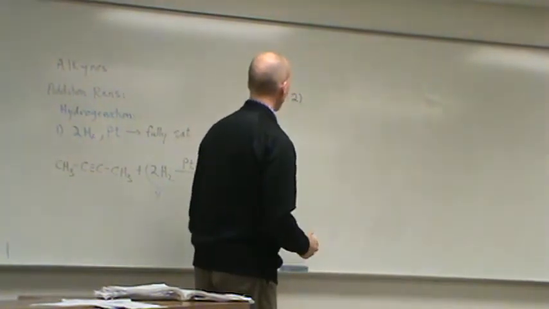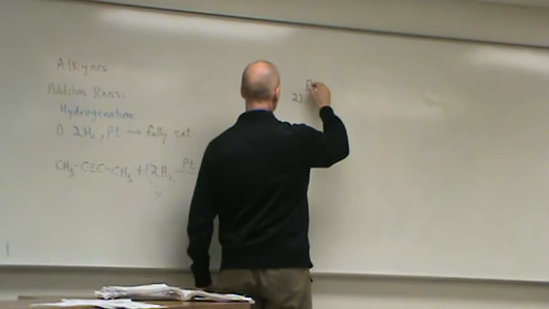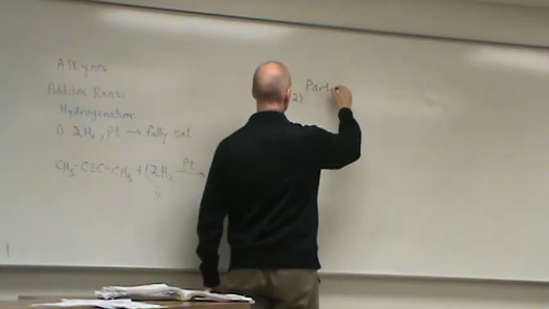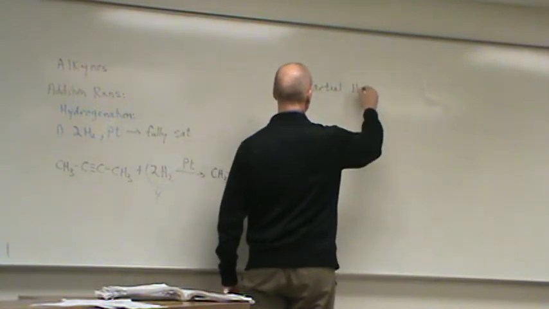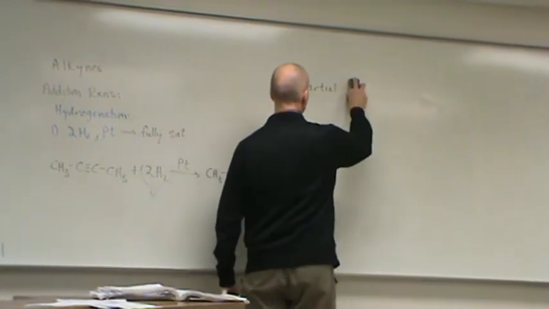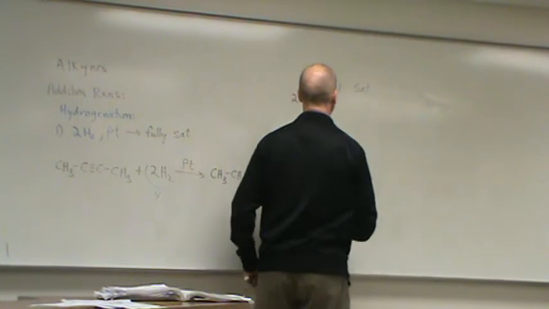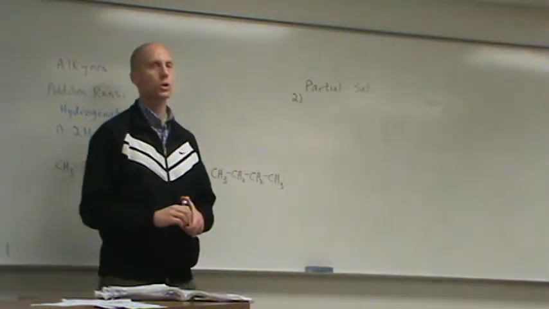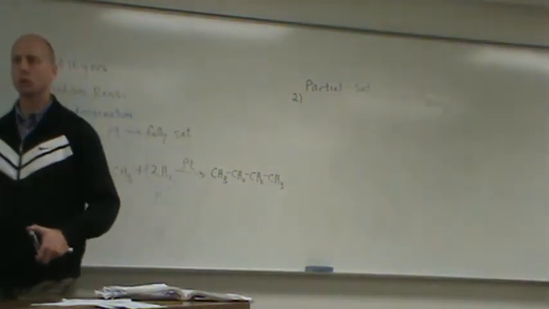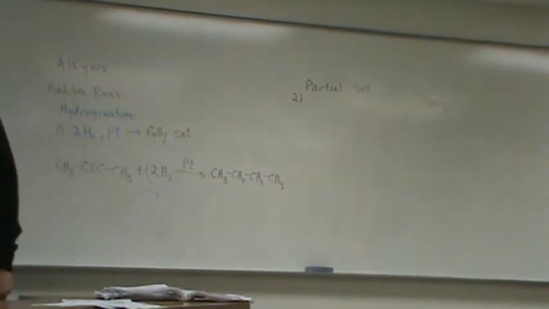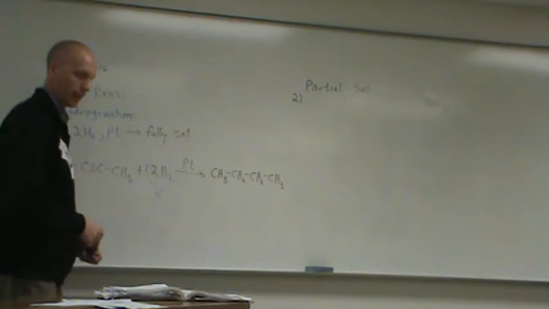And these are going to be what are called partial saturation. So if I have a partial saturation, what do you think the triple bond will go to? A double bond. And there's 2 of these.